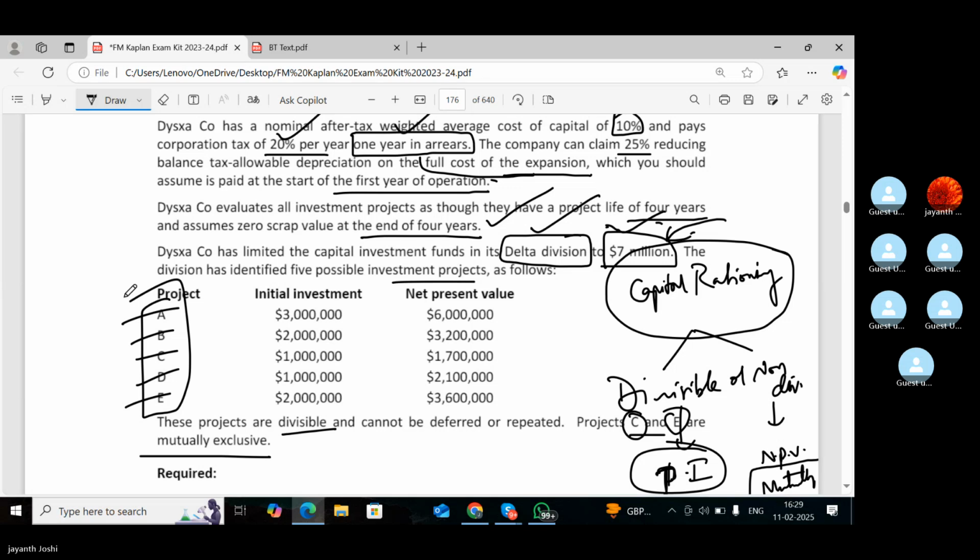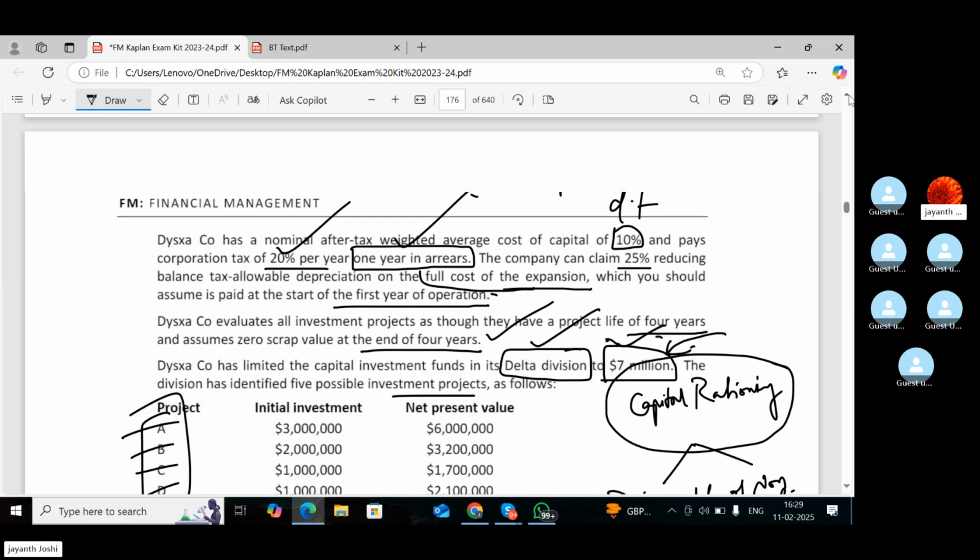And again, now they have to pick the project as per the ranking. For divisible projects, profitability index is a good method, and for non-divisible or mutually exclusive, NPV is a better option. Okay, so accordingly now we will start our calculation and do this question.